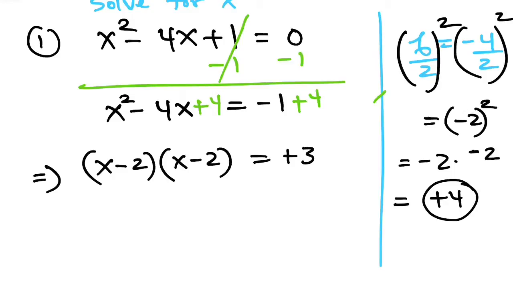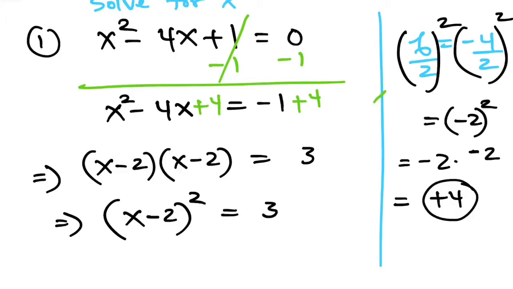On this side we have -1 plus 4, that should give us +3. You don't have to write +3, you can just write 3, that's fine too. On this side, x minus 2 times x minus 2 can be written as x minus 2 whole square equal to 3.